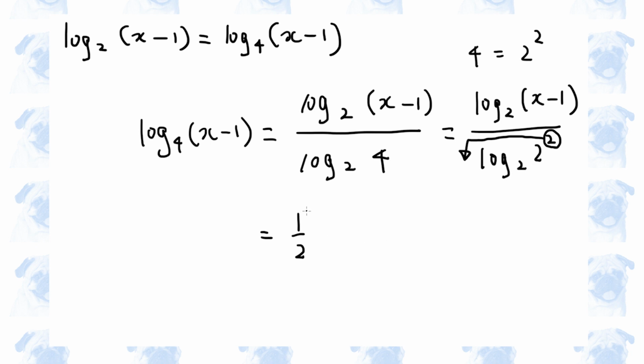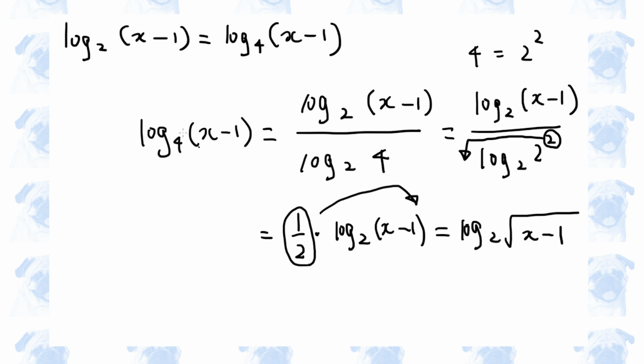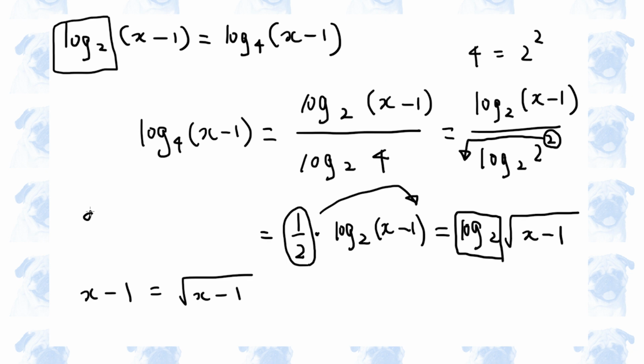So this is equal to 1/2 times log base 2 of x minus 1. And let's move the 1/2 back to the exponent. Now that we have the same base, we can just compare x minus 1 and root x minus 1. a is equal to root a if a is either 0 or 1.